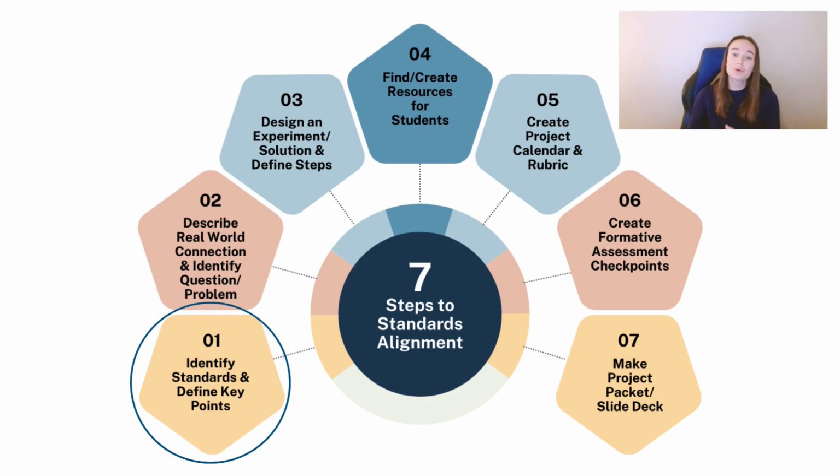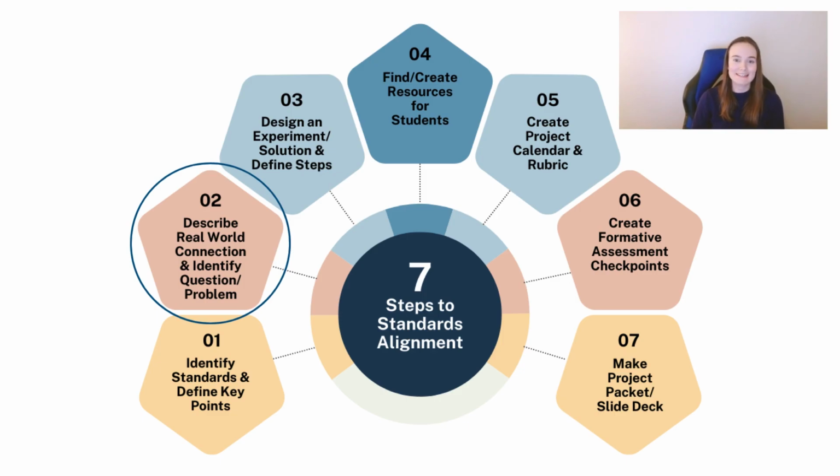Otherwise, go to your standards for your content and break those standards down into more discrete pieces of knowledge or skills that students should be able to know and do by the end of the project. Once you've decided on the key points that you would like this project to cover, then you're ready to move on to step 2.